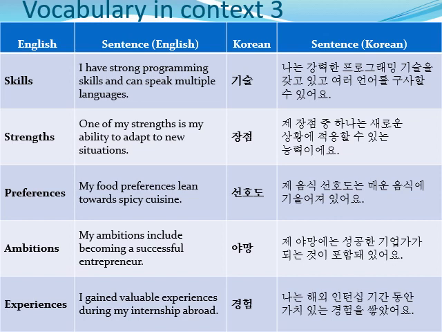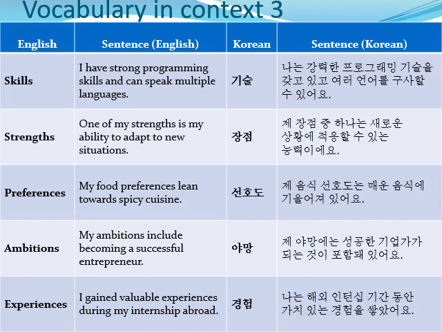Skills. I have strong programming skills and can speak multiple languages. Do you have any skills? Strengths. One of my strengths is my ability to adapt to new situations. Preferences. My food preferences lean towards spicy cuisine. What do your food preferences lean towards?